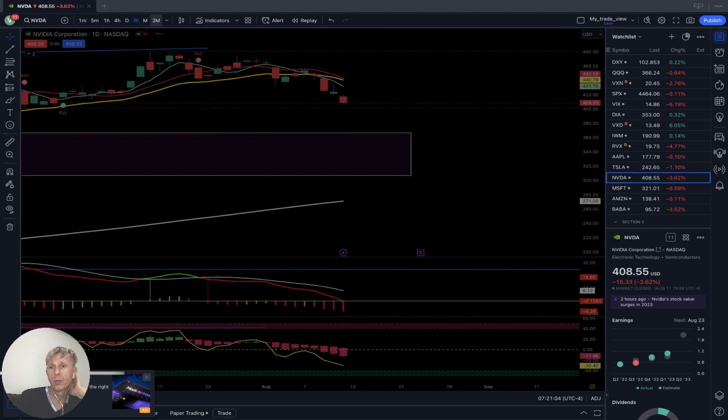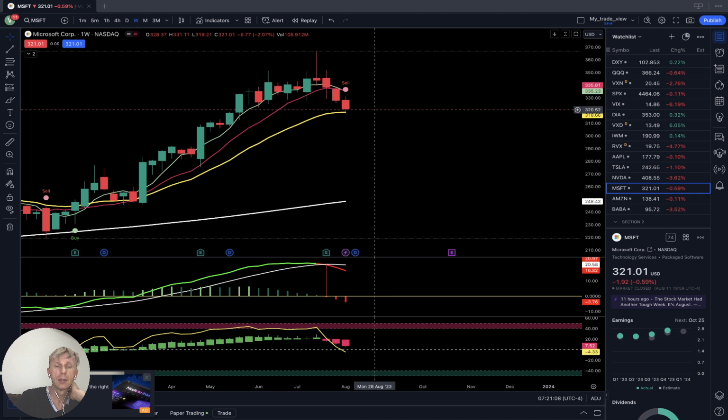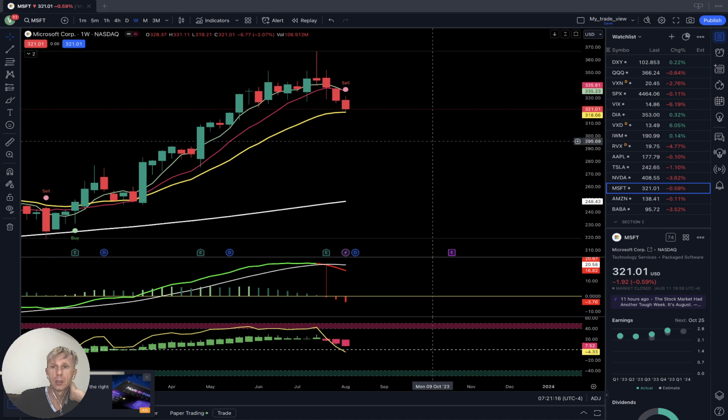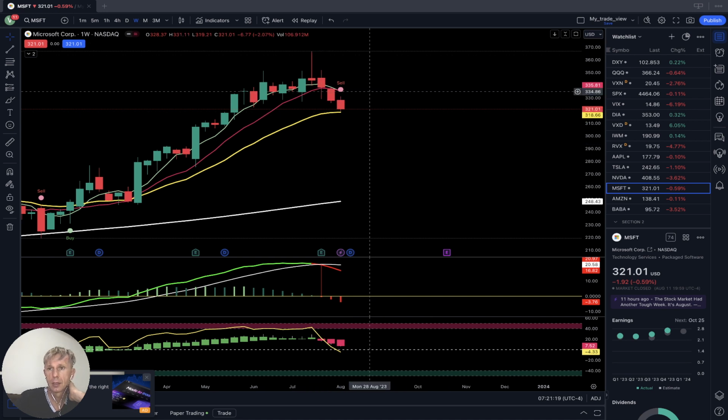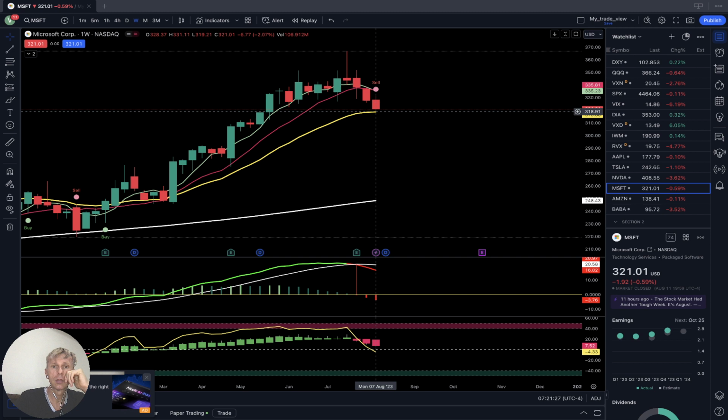Now let's move to Microsoft. Microsoft weekly time frame. Microsoft also gave us a bearish reversal signal. The top was 366, right? Now it's around 320.